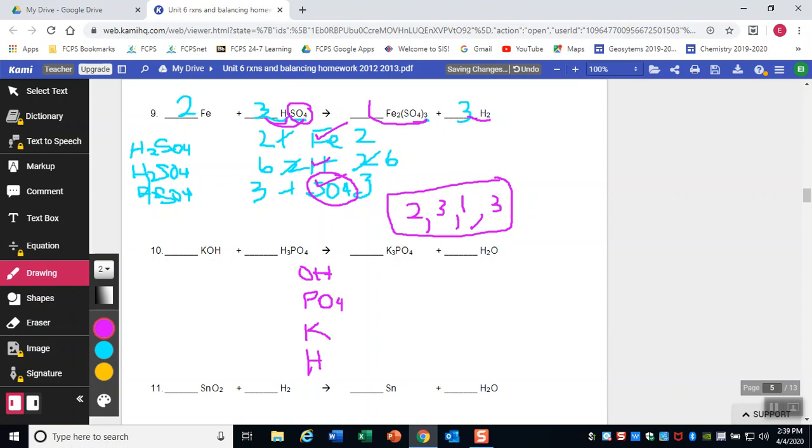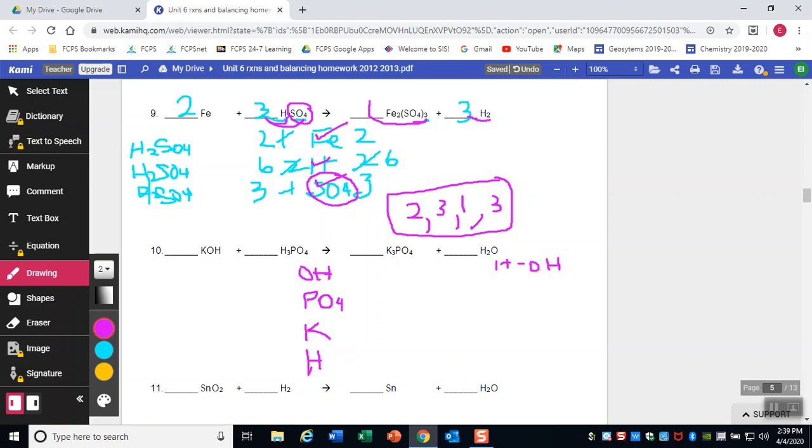Now, when you have water over here like this, when you have an OH and an H as your elements, let's write water as H-OH. Right, H2O. But this makes counting the H's and the OH's easier.